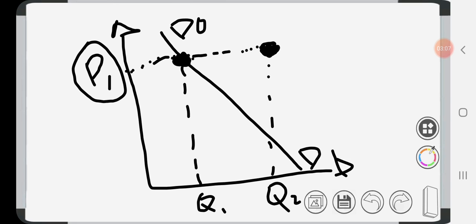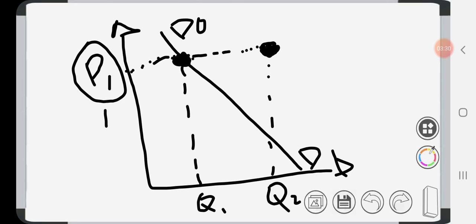Basically, this will create a shock in the system. Things are not going to be the same anymore. So we have an external shock, an external impact. Even though we have kept our price the same, we have a new quantity demanded.